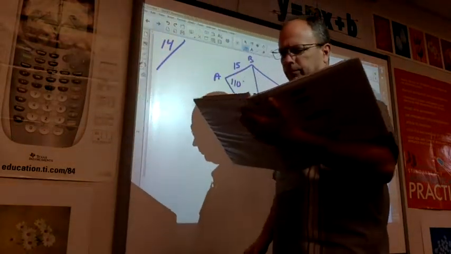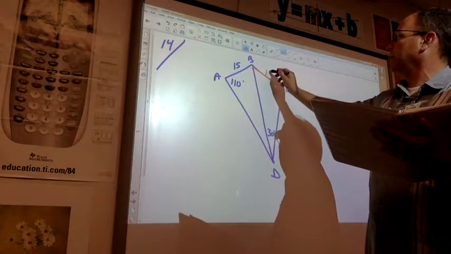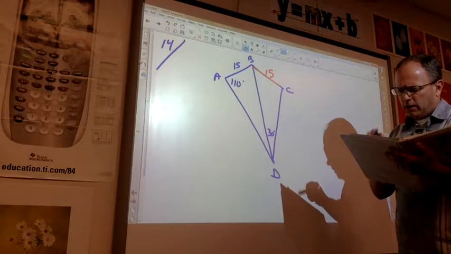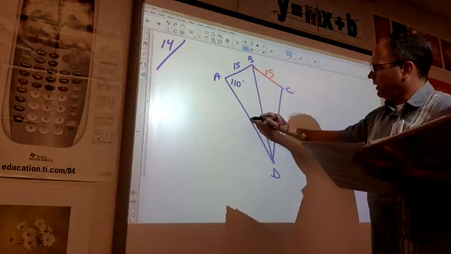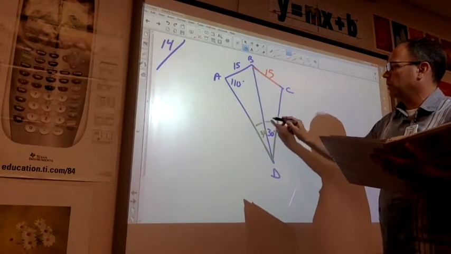So we want to find BC. Well, if it's a kite, that has to be 15 as well. Find the measure of ADC. So we're finding this measure here. Well, that's 30. This has to be 30, so the whole measure has to be 60.